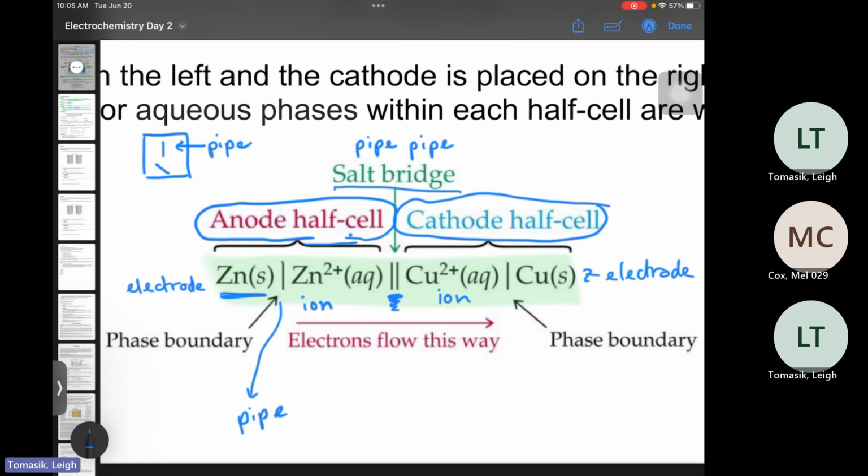The way that we write the anode and the cathode half cell are backwards from each other because it shows our reactants and our products. Zinc starts out as a solid but becomes an ion, and copper starts out as an ion and becomes a solid.